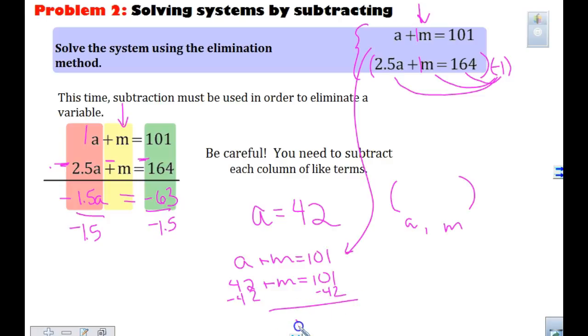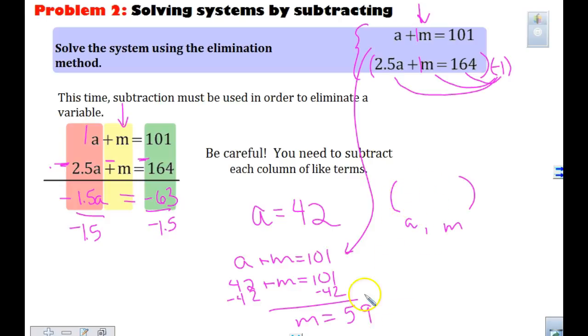So 101 minus 42. Did you get it? You can use your calculator, I don't care. 101 minus 42. 59.